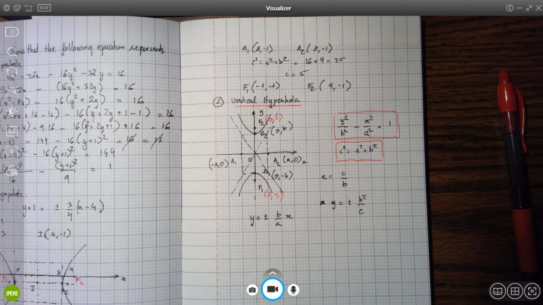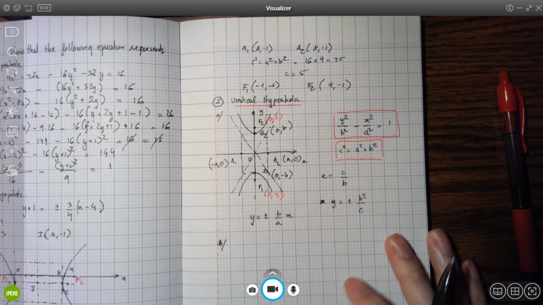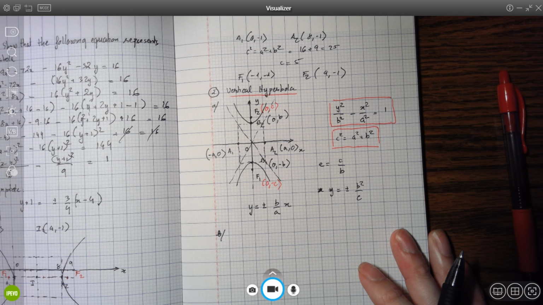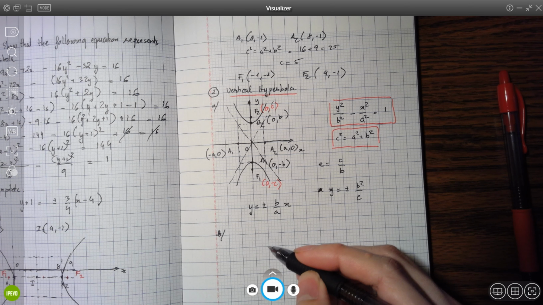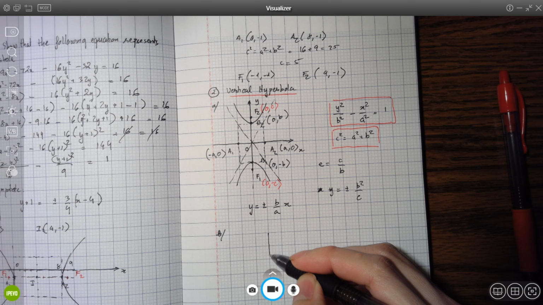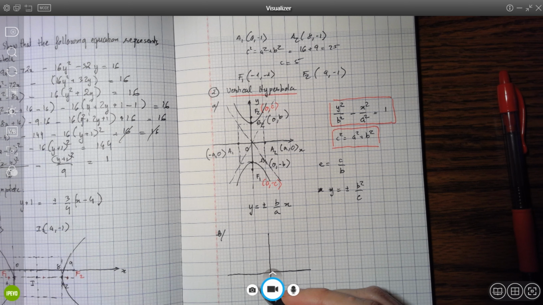Now let's talk about when we have a vertical hyperbola whose center is not the origin. What if we have it somewhere else? What if the center is right over here?